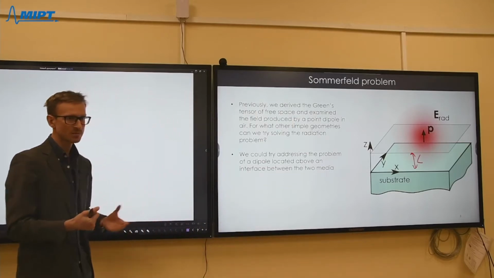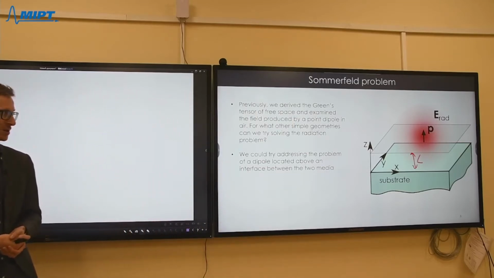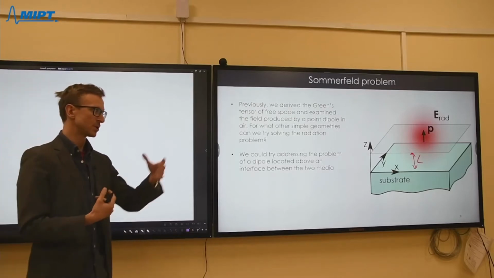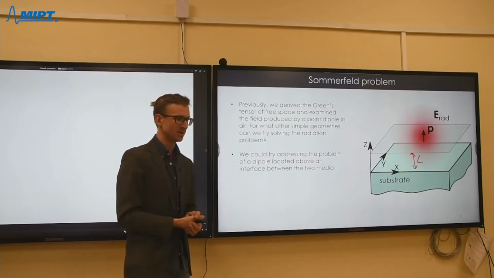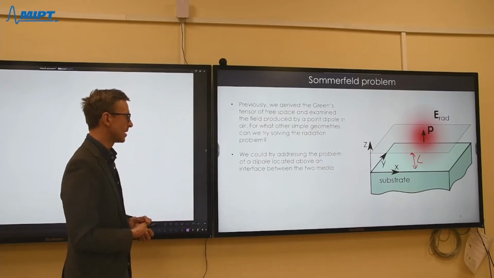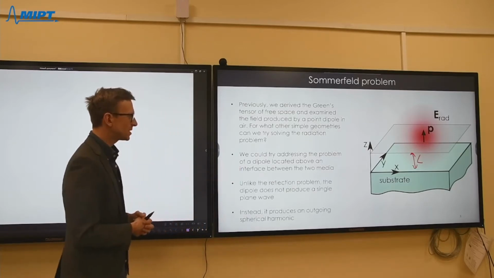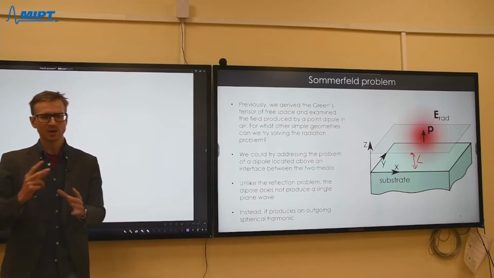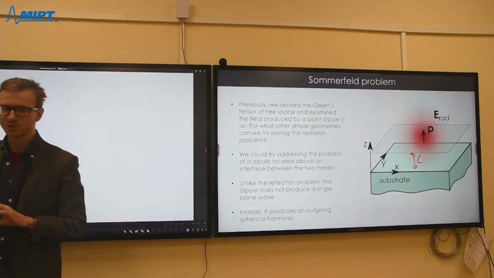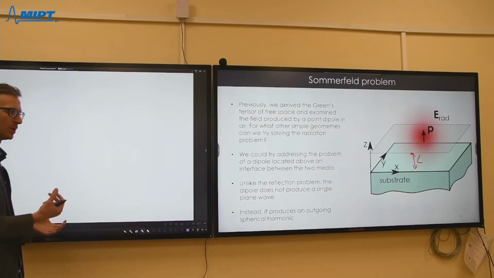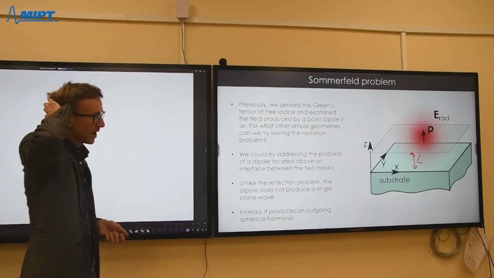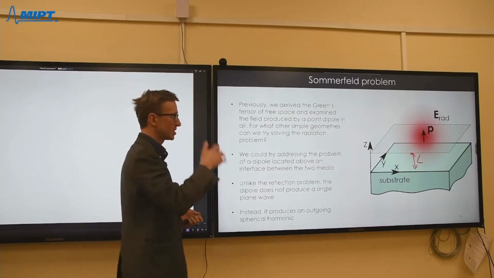The question is, what should we do in order to find the electromagnetic field produced by this point source in this environment? And this, in a way, looks like what we have addressed already a few lectures back when we were looking at refraction and reflection of a plane wave incident on an interface between two semi-infinite media.